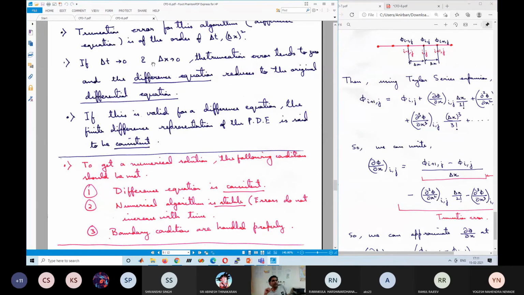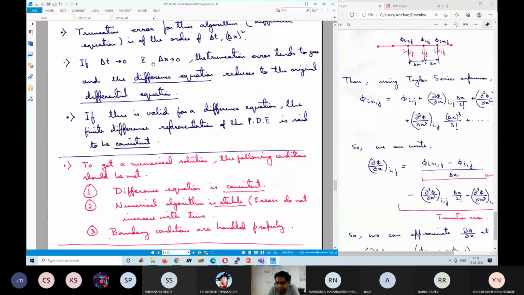Can you state for what order of truncation error, if delta t and delta x tend to 0, the difference equation will not go to the differential equation? For what order of accuracy will the truncation error not become 0 if delta t and delta x tend to 0?